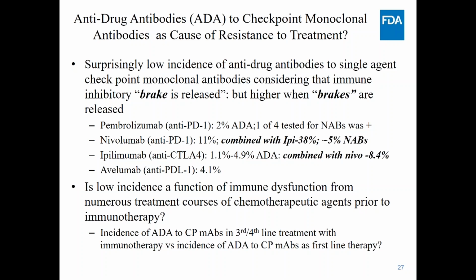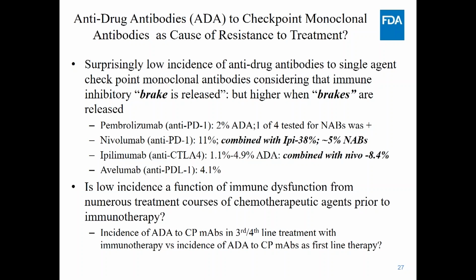So, for instance, the immune response to anti-PD-1 antibody is 11%, and that's not neutralizing. But when you combine anti-PD-1 with anti-CTLA-4, the rate goes up to 38%. That's substantial, and approximately 5% of those are neutralizing.